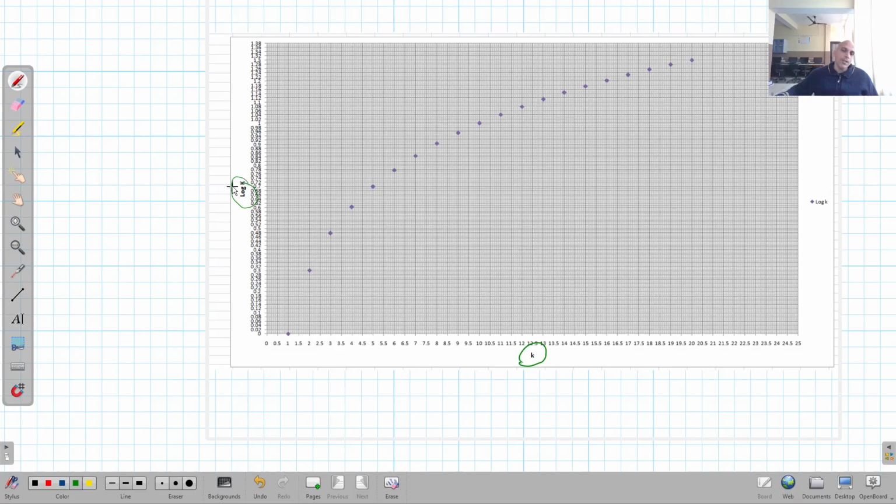You can see here very clearly that the values of log k are shown here. This is 1, this is 2, similarly this is 3, this is 4, this is 5, this is 6. All these are the values of log k.